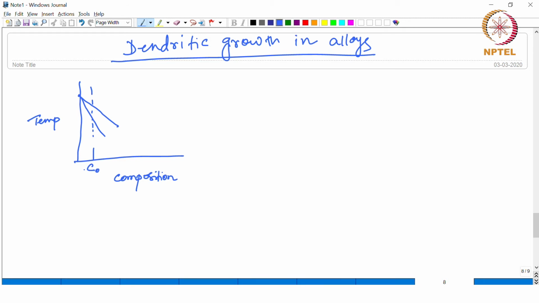And now, we are trying to understand here as to how this alloy will solidify as it is cooled down from the liquid state. Okay. So, as I said before, when it comes to this upper curve, a temperature of T1, the liquid starts to or the solid starts to form from the liquid.